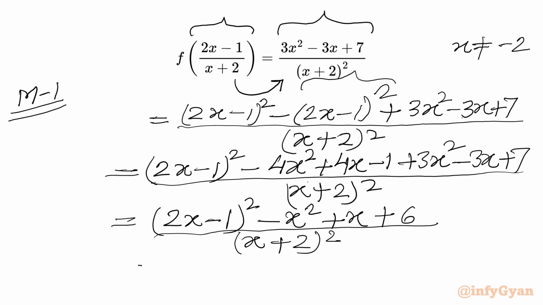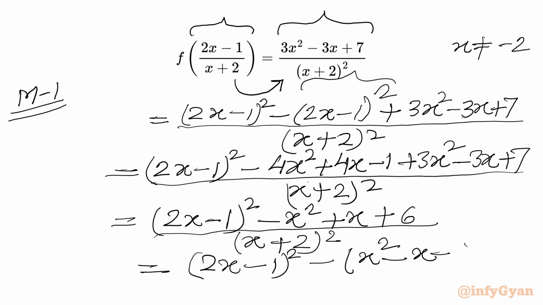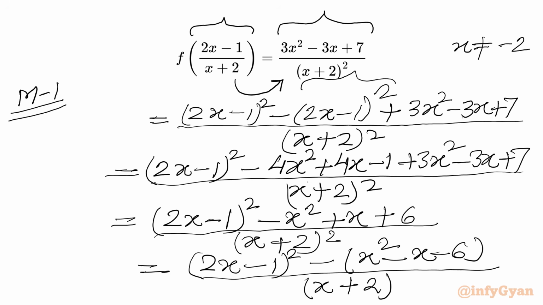Now we'll write (2x - 1)², minus is common, so we can write minus (x² - x - 6) over (x + 2)². Now we will factor x² - x - 6: (x + 2) times (x - 3).